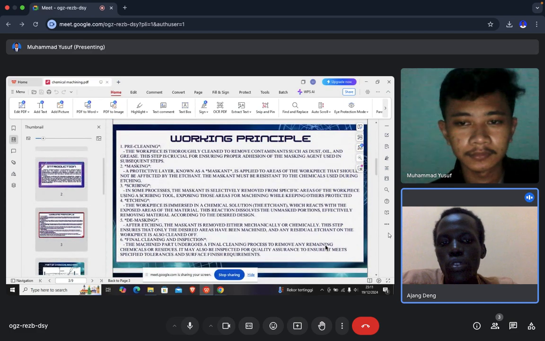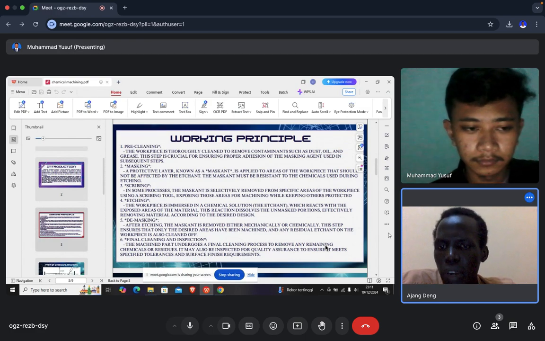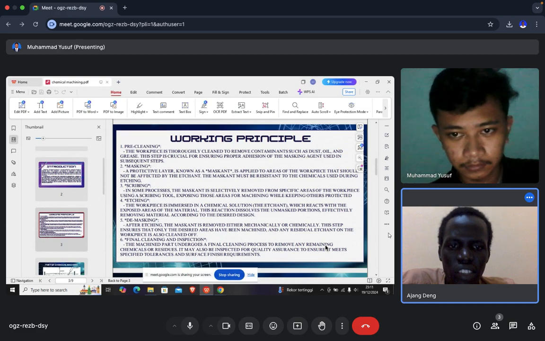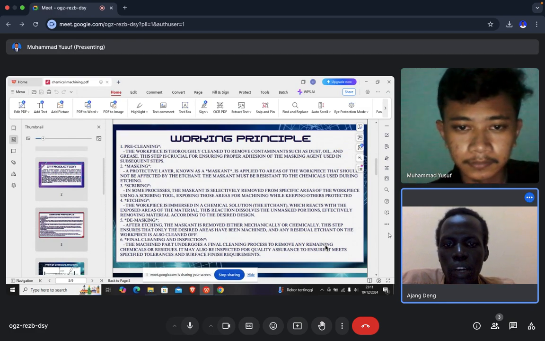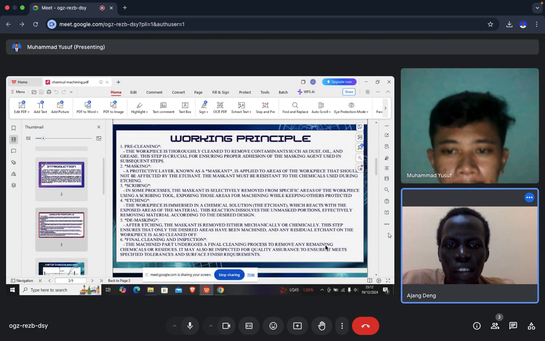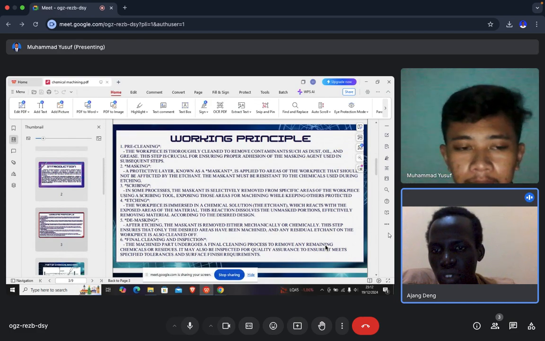Now, the first thing we do with the working principles is pre-cleaning. The workpiece is thoroughly cleaned to remove contamination such as dust, oil, and grease. This step is crucial for ensuring proper adhesion of the masking agents used in subsequent steps.